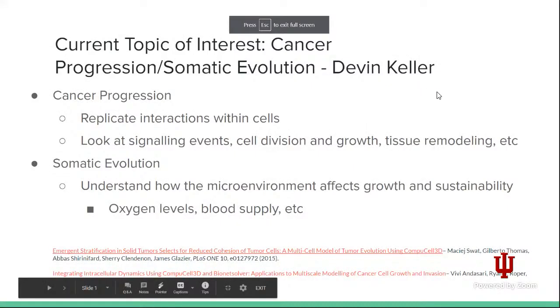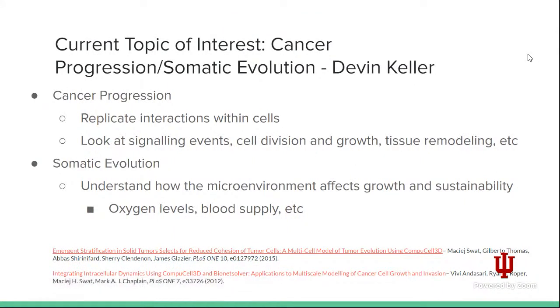Okay. So my project ideas are not super sketched out yet, but just based on reading some of the papers, the stuff that interested me was cancer progression and somatic evolution of cancers. Cancer progression is basically the normal life cycle of the cancer and how it interacts with other cancer cells.